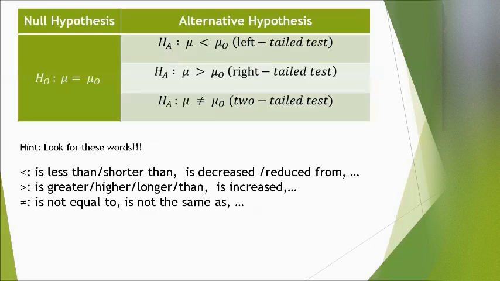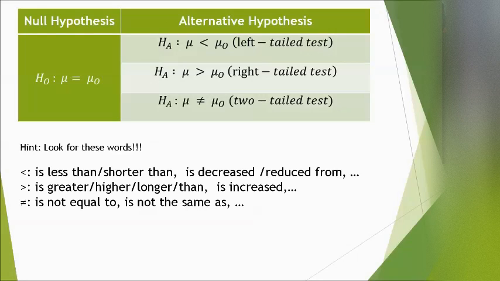For the alternative hypothesis, we're using three different symbols. First, we're using the less than sign, which indicates it is a left-tailed test. Again, if we use the less than sign, it means that you are on a left-tailed test.